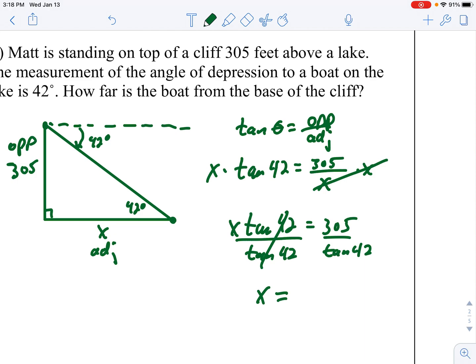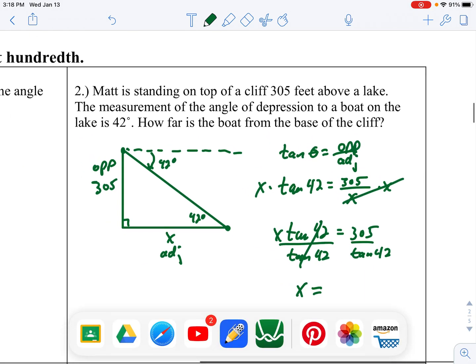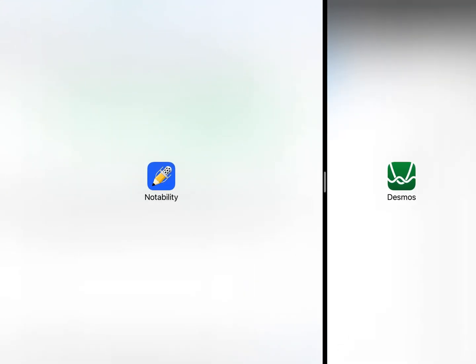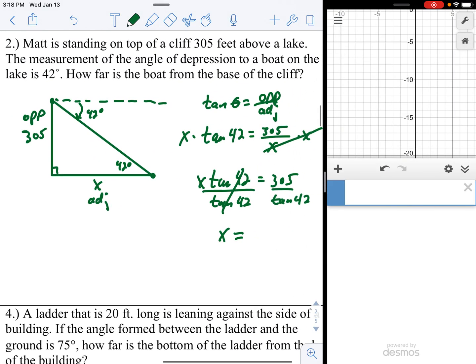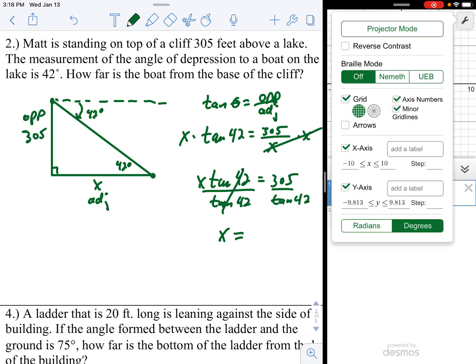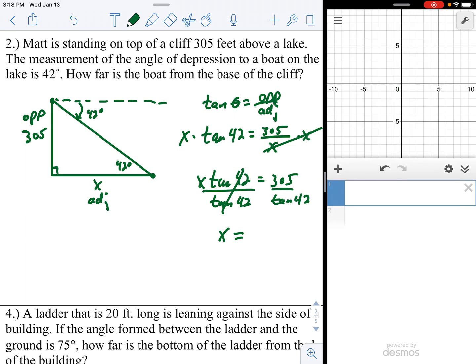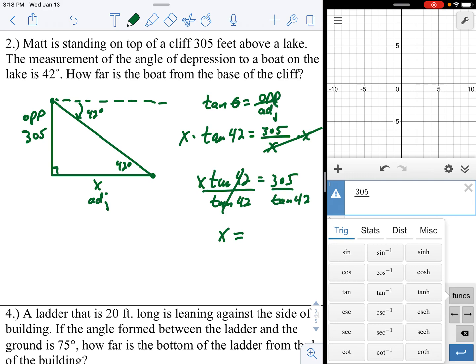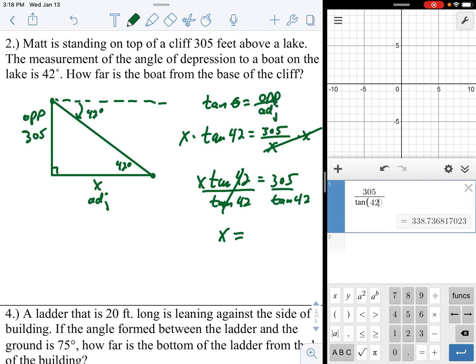X equals whatever that is. And, of course, I'm going to use a calculator. All these problems, measurements are in degrees, so I got to make sure, hit the little wrench, that I am in degree mode. Good to go. 305 over tangent of 42, and I get 338.74.